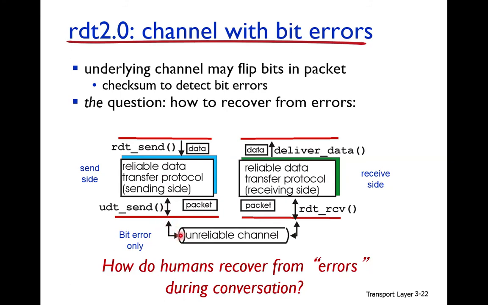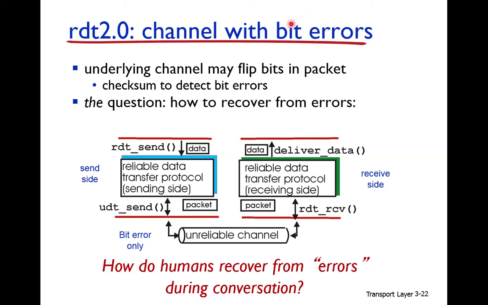Now this network layer, the underlying channel, moves the data physically from sender to receiver. And suppose this channel has only bit error. There is no packet loss, there is no out of order. The data is received as it is sent, with no data loss, but there is only bit error.